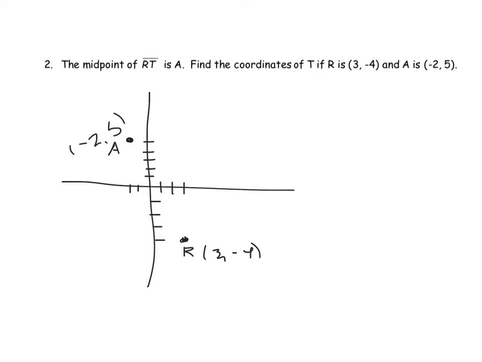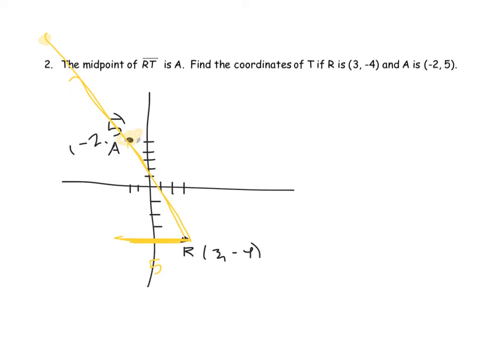But here, we're not looking for the point halfway between A and R. We are told that A is the midpoint. So if the midpoint is here, that means that our other point must be way over here somewhere. So let's see if we can figure out exactly where. Well, I'm going to sketch this segment so that I have a nice visual of what's going on. And I know that the distance between the x value of A and the x value of R is 5 units.